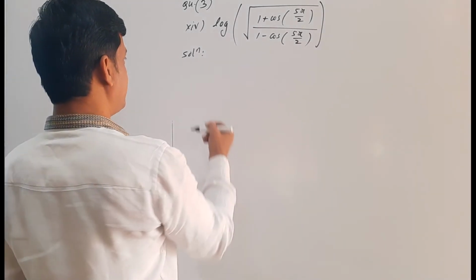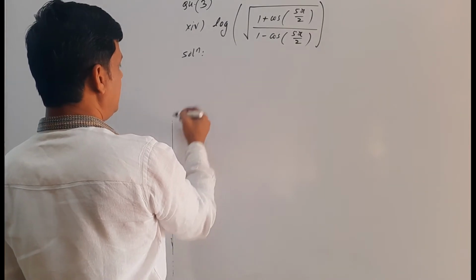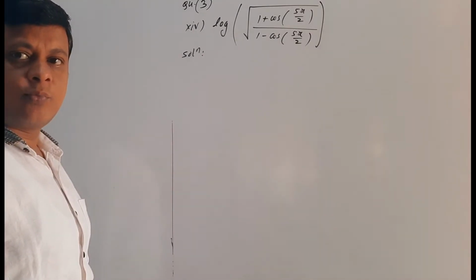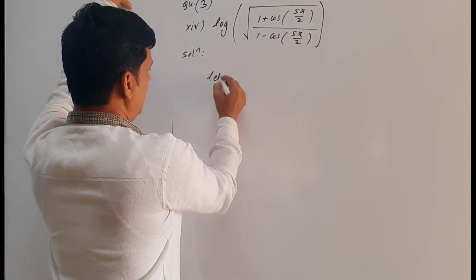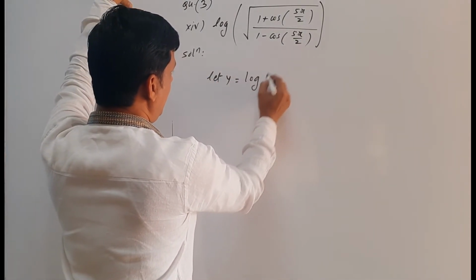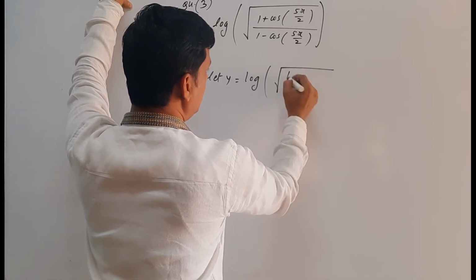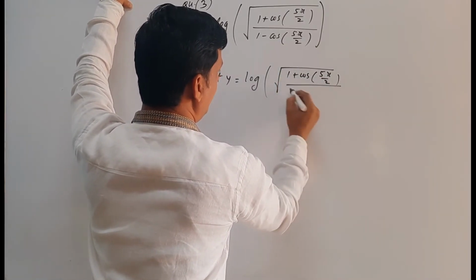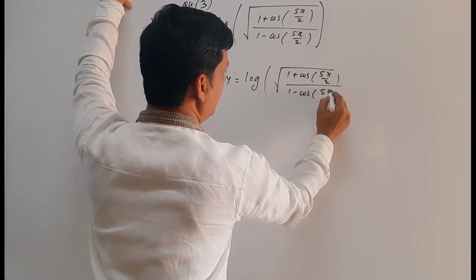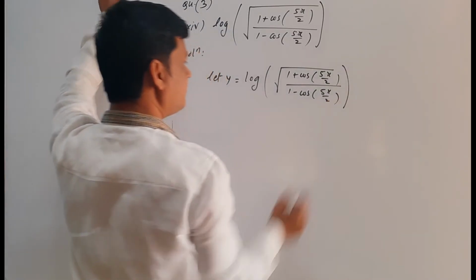Now see the next question, question number 14. This question is similar to sub question 13. So in the solution, let y is equal to log of root of 1 plus cos 5x by 2 upon 1 minus cos 5x by 2.